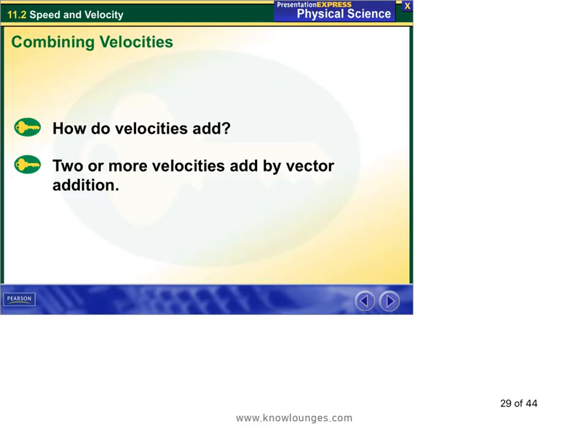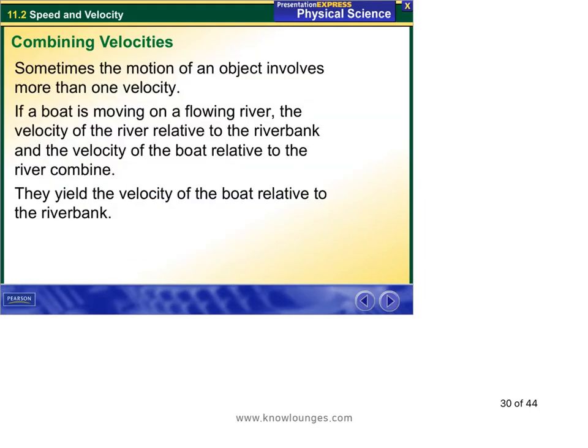Then we can add velocities by using vector addition. You might deal with something like a boat on a river. The speed of the river is contributing to how fast the boat's moving and the actual speed of the boat. So we've got to combine those two things together.